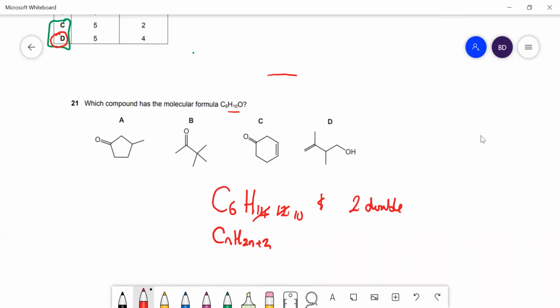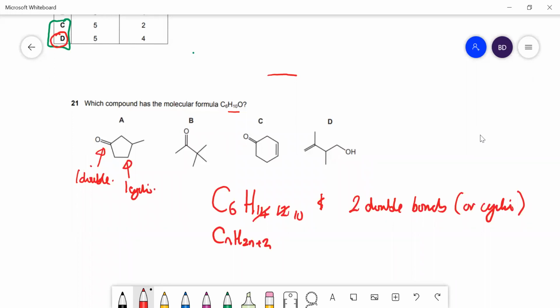So for each cyclic structure, you lose 2 hydrogens. So we're looking for something with 2 double bonds in it. A would be the answer because look, it's got 1 double bond and it's got 1 cyclic structure in it.